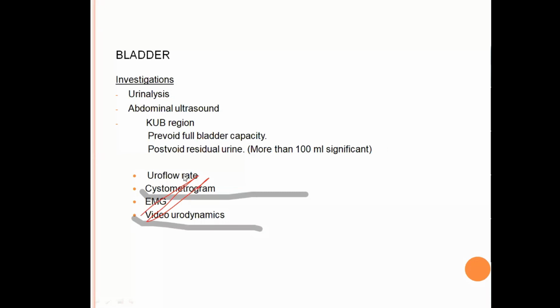There are other advanced investigations like uroflow rate, cystometrogram, EMG, video urodynamics and all. But a large number of bladder symptoms due to neurological causes can be managed only with this and the associated neurological problems of paraparesis.